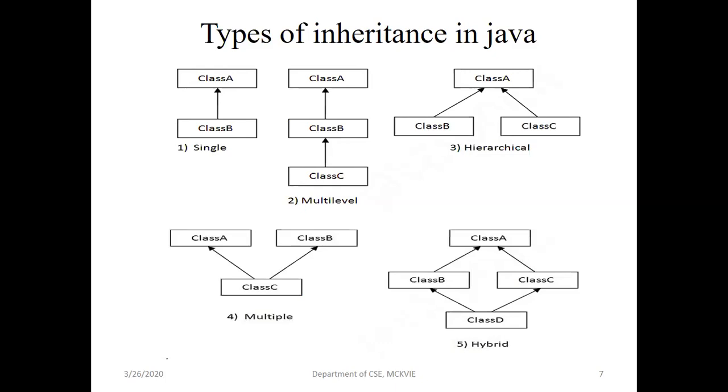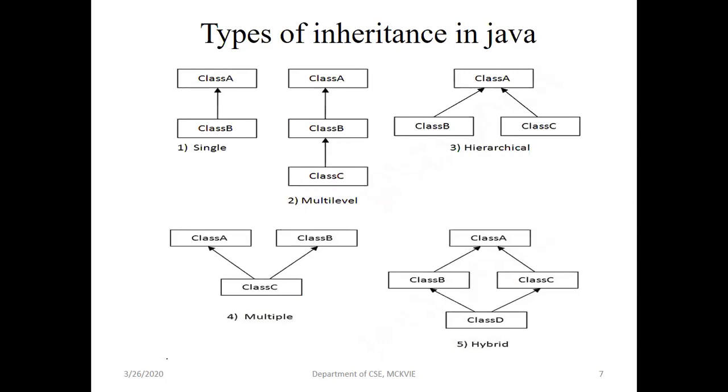Second type is multi-level. Class B extends from class A and class C extends from class B. So here it's an example of multi-level inheritance.